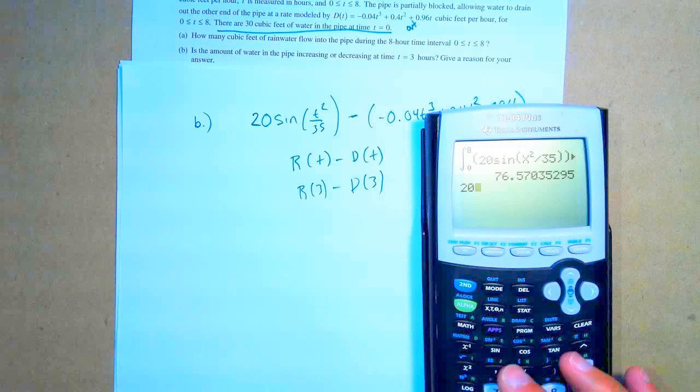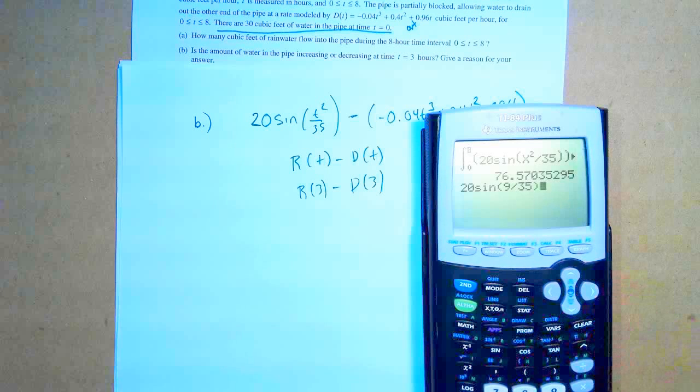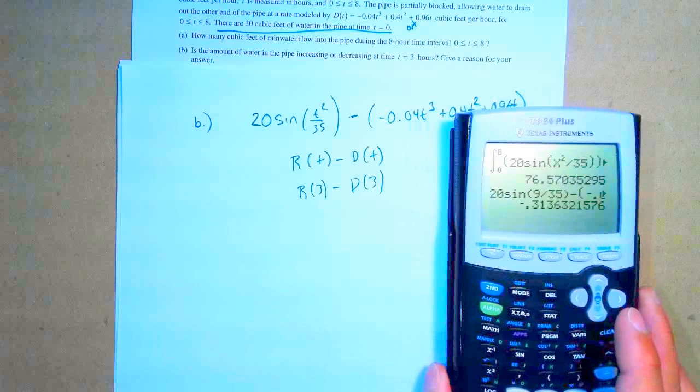And R of t is 20 sine 3 squared, which would be 9, divided by 35, minus d of t, which I'm going to put in parentheses and type in the entire equation, negative 0.04 times 3 cubed plus 0.4 times 3 squared, which is 9, plus 0.96 times 3, close my parentheses, and that's going to give me a value of negative 3.136.